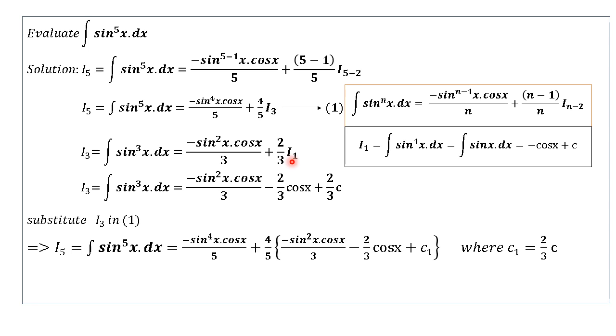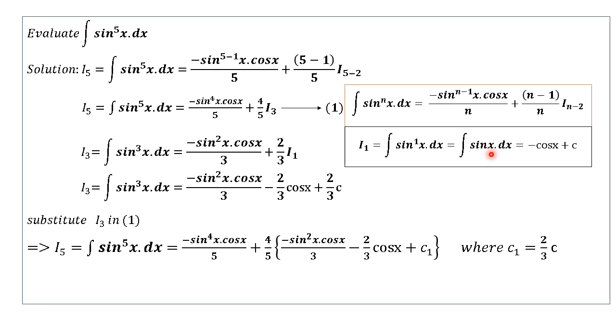If you want to calculate the value of I1, just put n is equal to 1 here, where I n is integration of sin to the power nx into dx. Putting n is equal to 1, you will get integration of sin to the power 1x into dx, which is the same as integration of sin x.